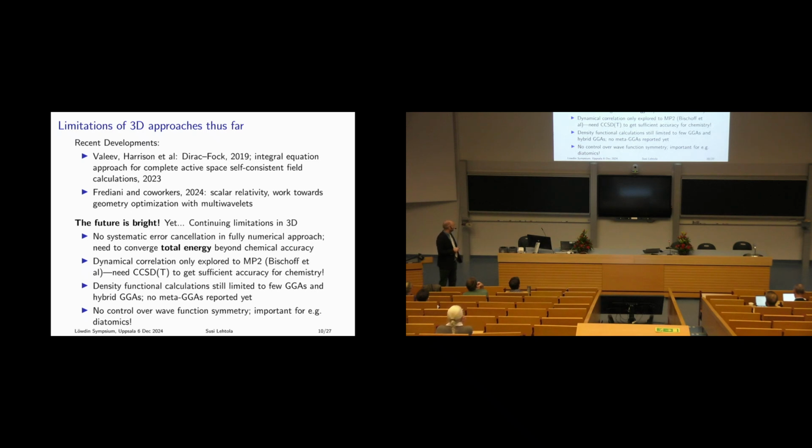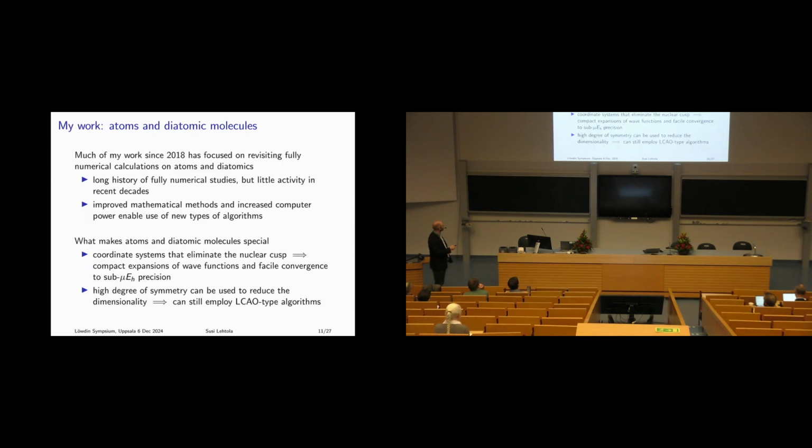And then if you're trying to do tricky systems like diatomics, especially transition metals, you have lots and lots of degenerate or nearly degenerate states that differ only by symmetry. So it's really important to have precise control over symmetry.